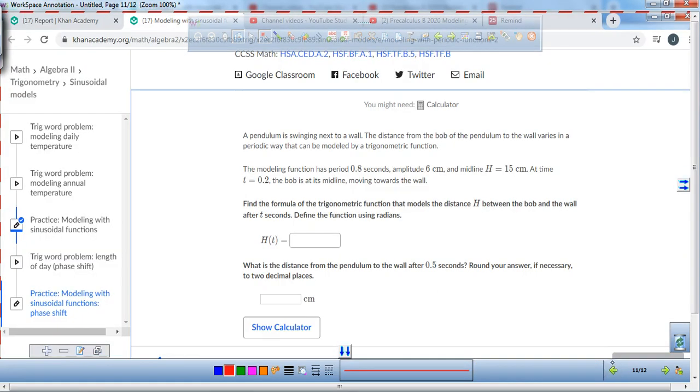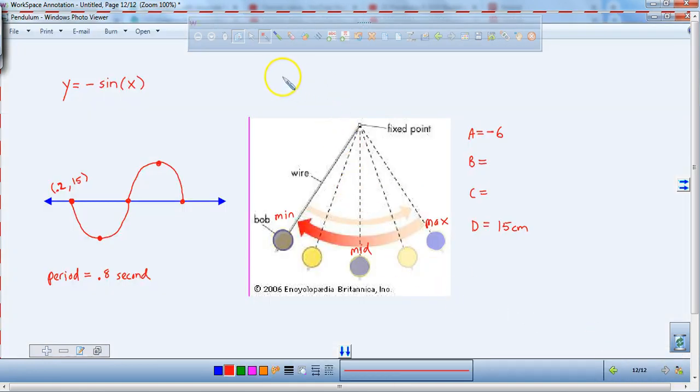All right, and let's see here. That's all we have. All right, so we're going to take all this information and we are going to build our function, which our final answer will be in h of t. And I'm going to do it on this page so you can kind of imagine it going back and forth. All right, so let's separate our negative sine graph into 4 parts.